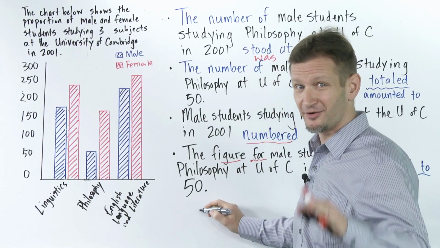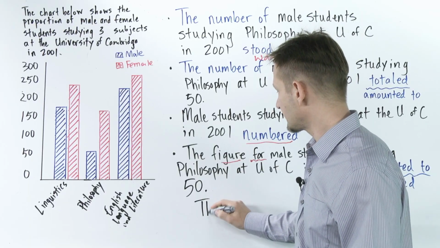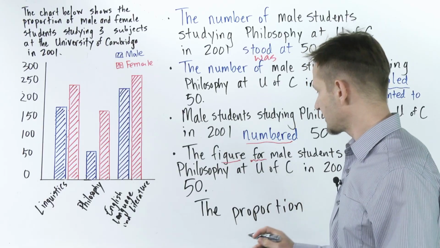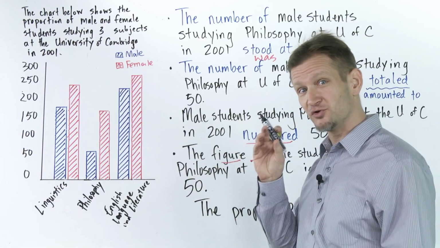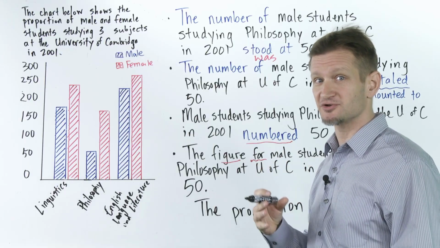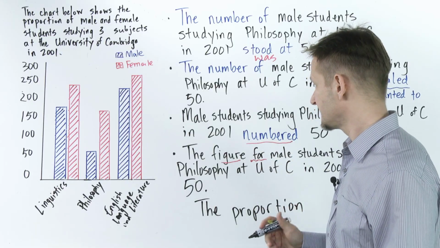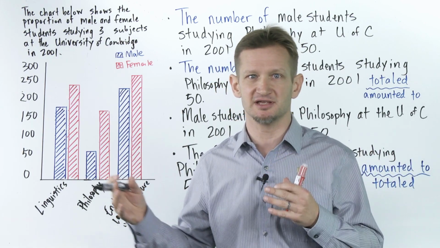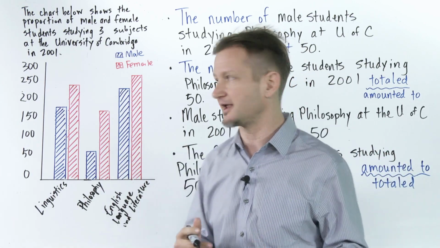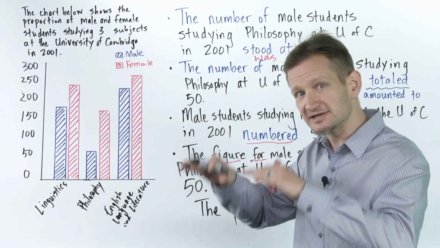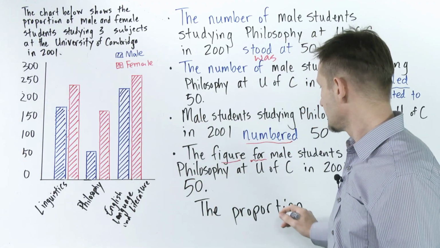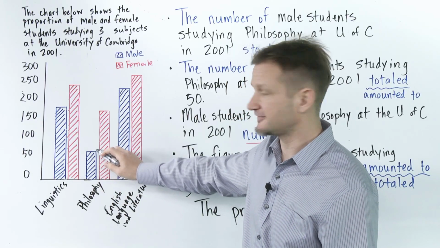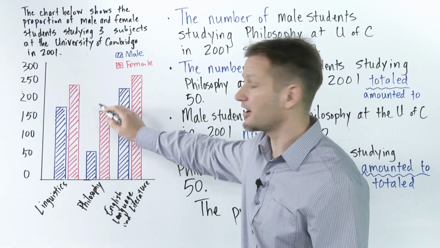So there's a very useful word, and it's the proportion, right? Proportion. Now, this word is really high vocabulary, and if you can use it well, it's going to demonstrate your knowledge of English. But the thing about proportions is we don't use exact numbers. We don't say the proportion is 42 or the proportion is 68. You talk about it in comparison to something else. So right here, look, we've got philosophy, we have male students about 50, and women it's about 150.